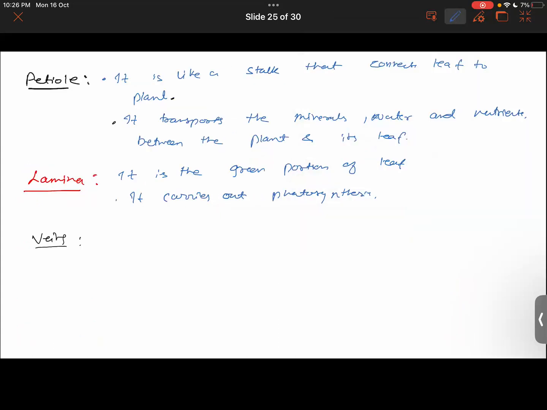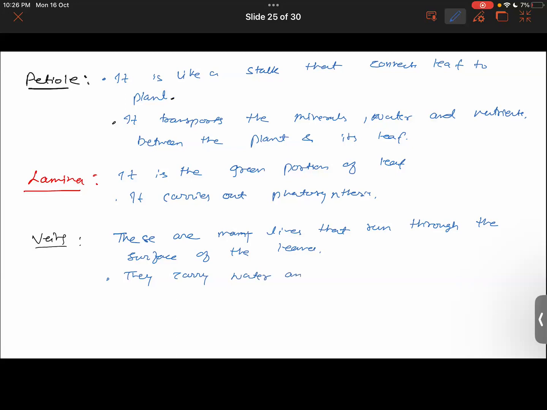And there are different designs of veins also. These are many, many lines that run through the surface of the leaves. Then what do they carry?